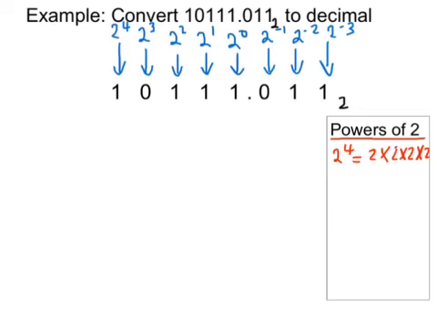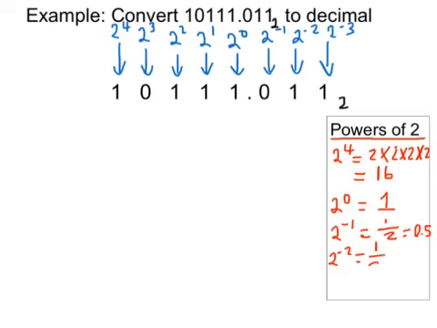And if you multiply all them 2's together, you get the value 16. 2 to the power of 0, by definition, again, any number to the power of 0 is equal to 1. 2 to the power of -1 is equal to 1 over 2, and 1 over 2 is equal to 0.5. 2 to the power of -2 is 1 over 2 squared, 1 over 2 squared is 1 over 4, and 1 over 4 is 0.25.